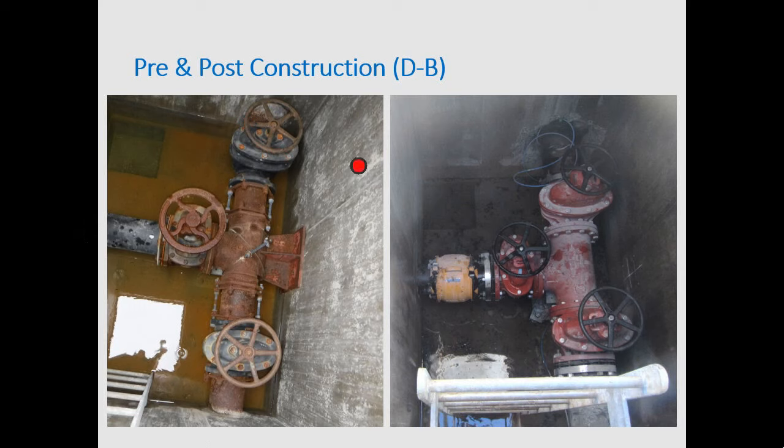So this is generally in the same orientation: HDPE that was burst through with the tracer wire, new valve, all flanged, new fittings, all fusion bonded epoxy, trying to avoid this surface corrosion. Again, a Romac Alpha here to do the connection. The design actually had that Alpha on the outside of the vault wall, but they were able to make it fit inside. It doesn't affect me one way or the other, but they have access to their legs and stuff here now.